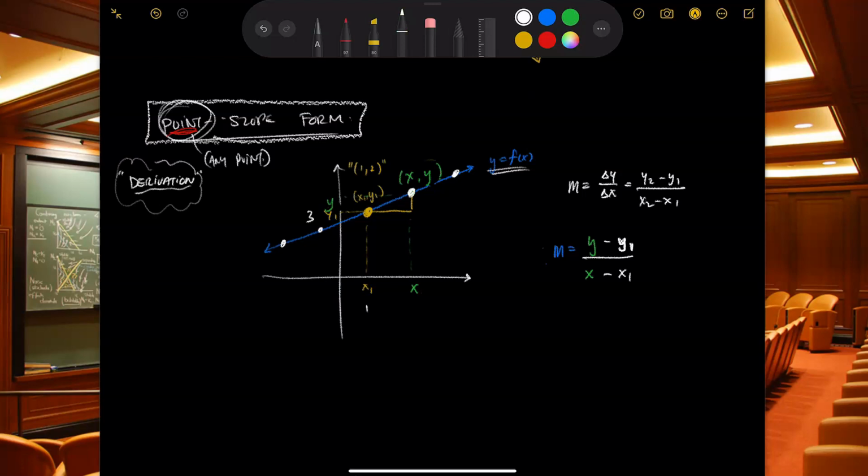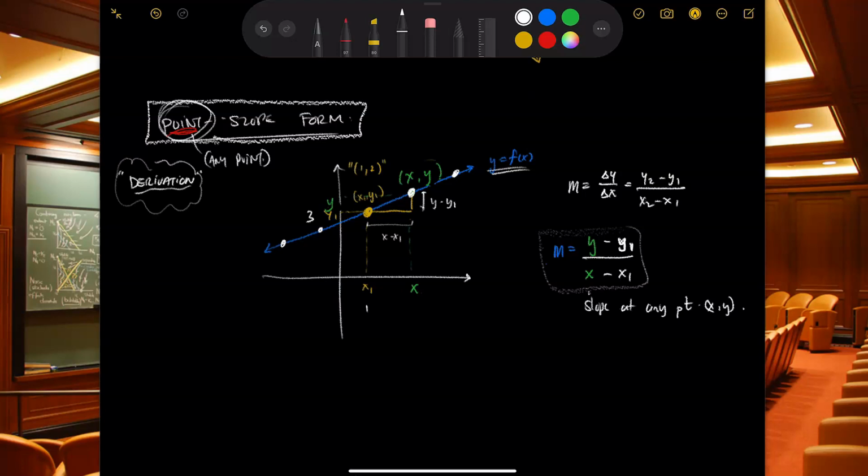Right? That definitely tells us the slope here. This value is y minus y1. This value here is x minus x1, right? End minus start. So that's where these values are coming from. And so this will tell you the slope at any point x, y.